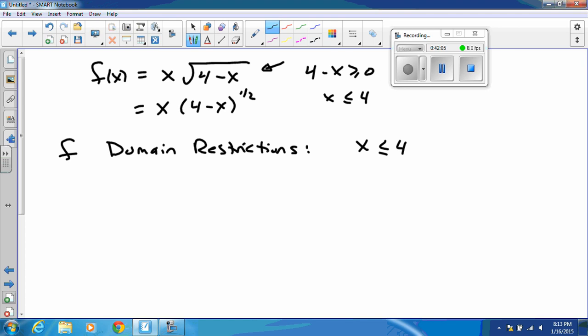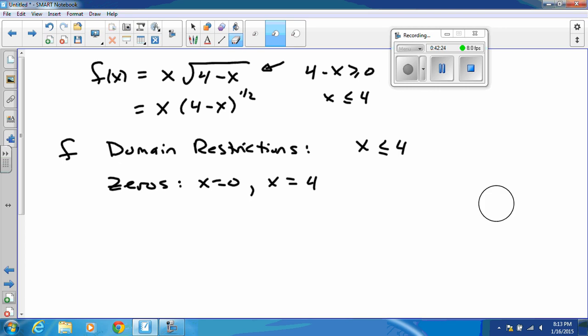We're going to start with f and consider domain restrictions. And you can see that because I cannot take the square root of a negative, therefore 4 minus x has to be non-negative, which means that x has to be less than or equal to 4.